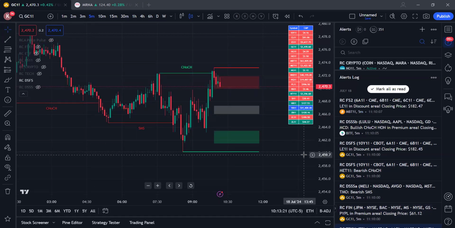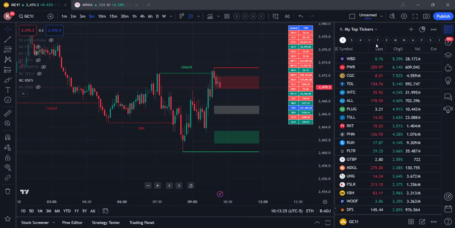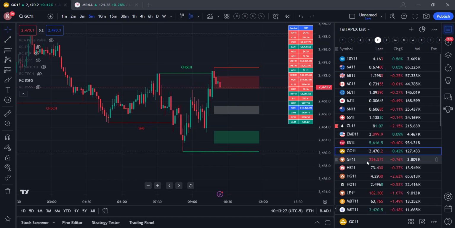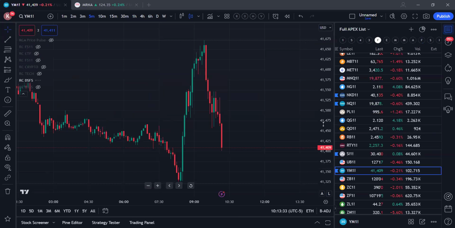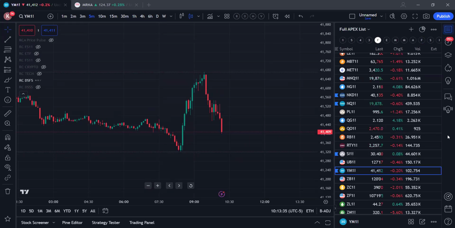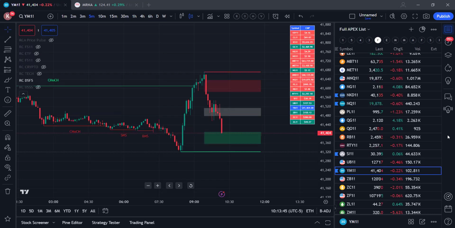YM 41408. So YM went all the way to the top, touched the resistance, and came back to the discount zone now.